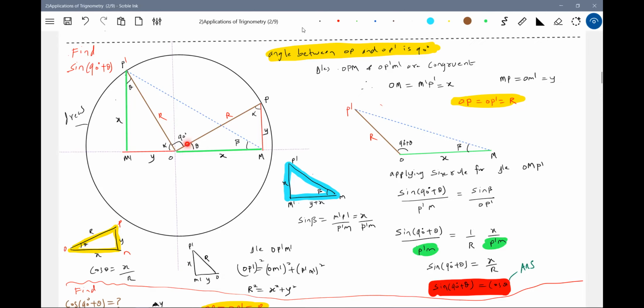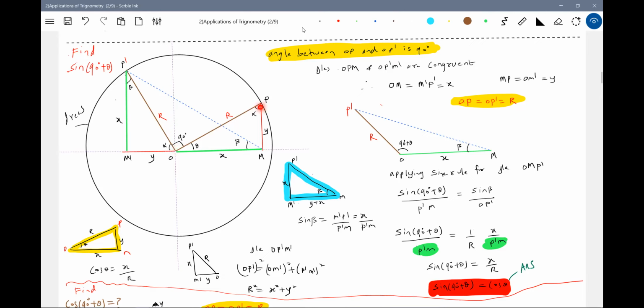In this triangle POM, the angle made by PO with the horizontal, let it be theta. Agree? Then let this rotate through an angle of 90 degrees. Then OP dash will become perpendicular to the earlier position of OP, and that is equal to 90 degrees.